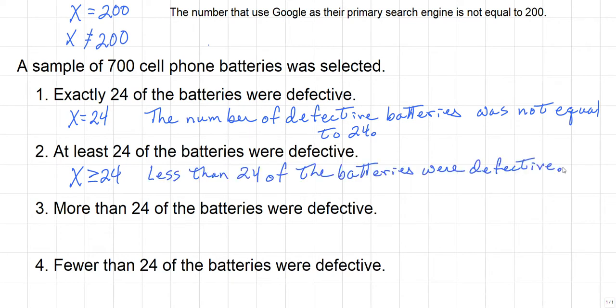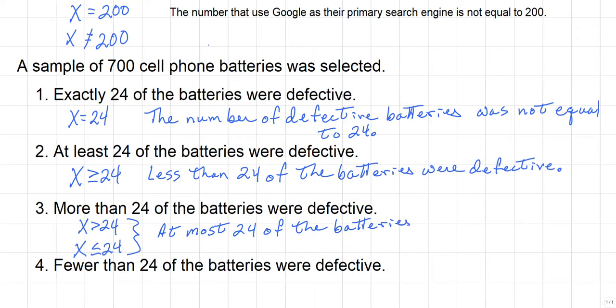The next statement says more than 24 of the batteries were defective. So that means more than, there's no equal in here, so it's simply X greater than 24. The complement will be X less than or equal to 24, which is at most. So we can write it as at most 24 of the batteries were defective.